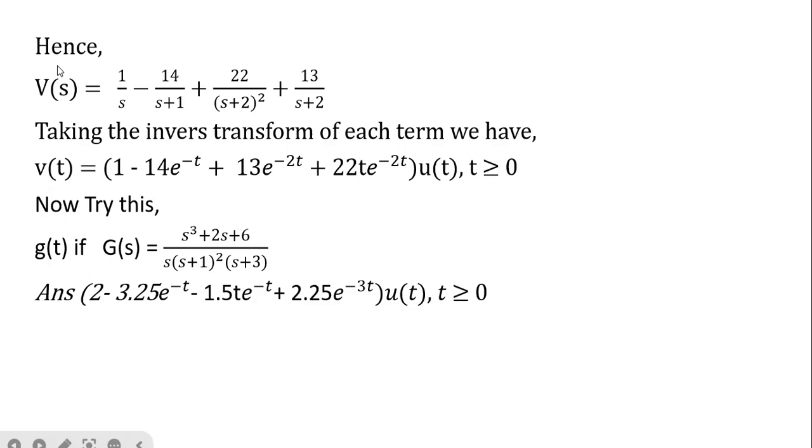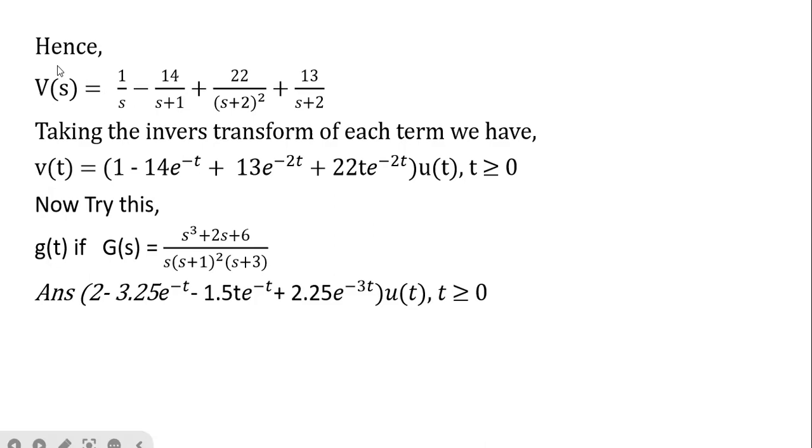So of course, you know definitely well from our Laplace transform table that 1 over s, the inverse Laplace transform is actually what? 1, or u of t. You can say simply u of t. Mind you that this u of t is multiplying everything in this bracket. It's common to all of them.